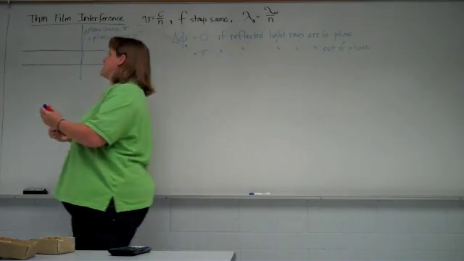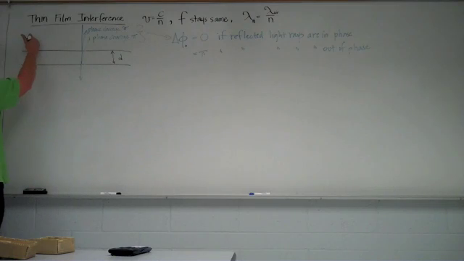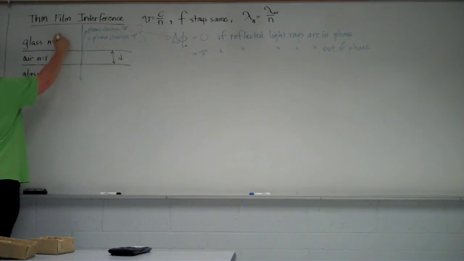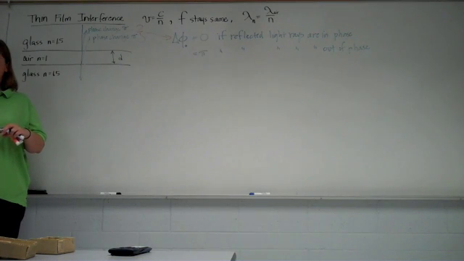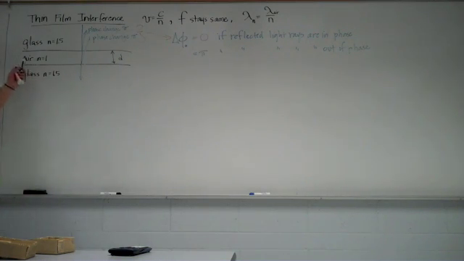So the only layers I'm going to draw are the two glass pieces and then the air between them. Now I know there's air outside of either glass piece, but the only layer that's thin enough to be considered the thin film is the air in between the two pieces of glass.